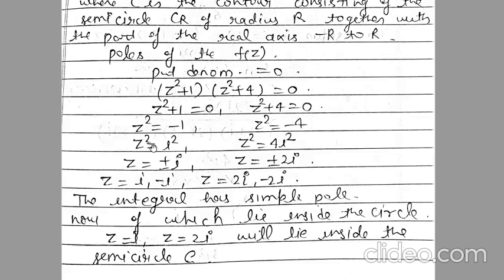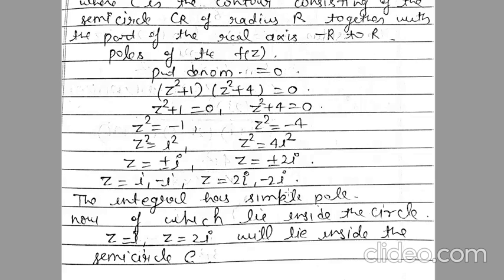So you will get z square is equal to minus 1, and z square is equal to minus 4. Minus 1 means iota square, and minus 4 you can write as 4 iota square. Then taking roots, you will get z is equal to plus minus iota, and z is equal to plus minus 2 iota.